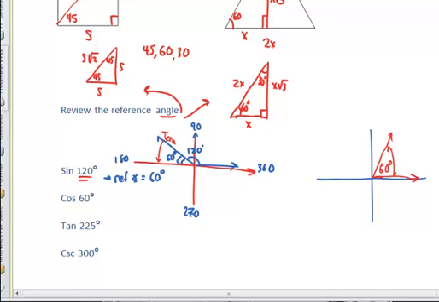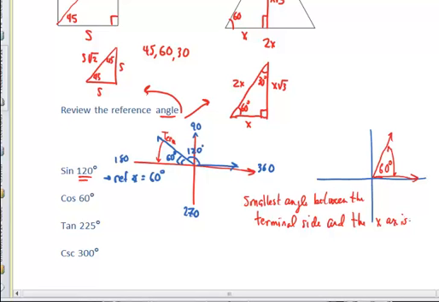The reference angle will always be between the terminal side and the x-axis.